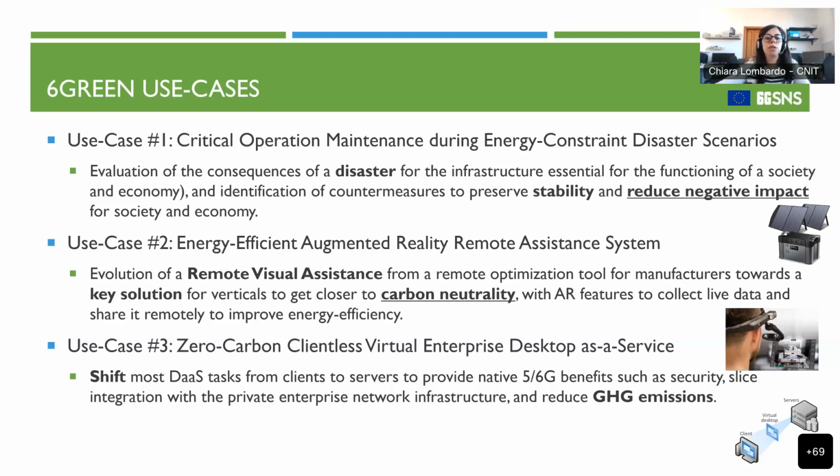The first one is critical operation maintenance during energy constrained disaster scenarios. So it's about an evaluation of the consequences of a disaster, for example an earthquake or something like that. The infrastructure has been damaged, and in this case we need applications that can work with low energy, because this is what is available at the moment.